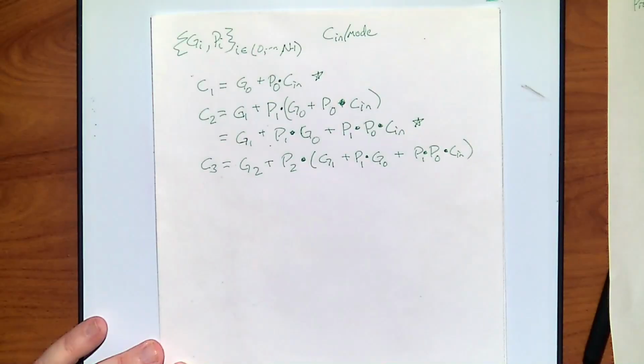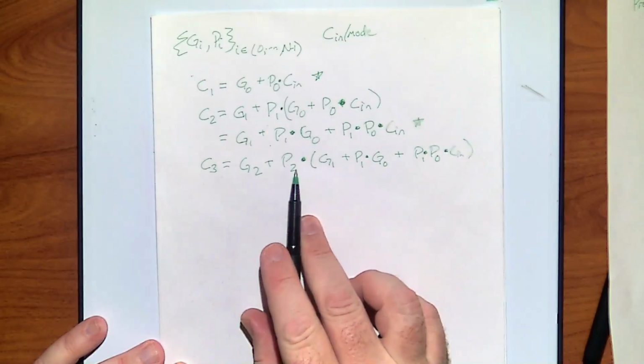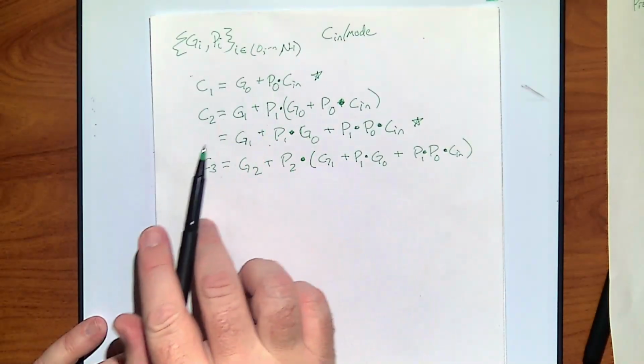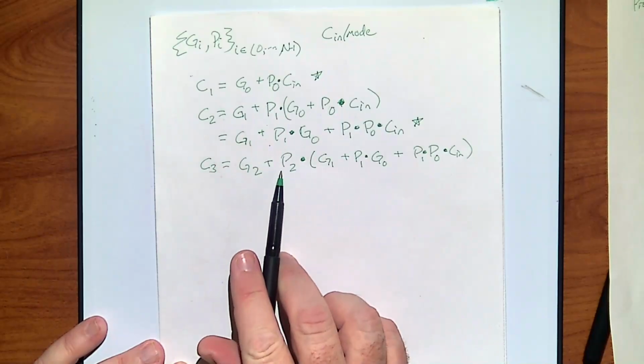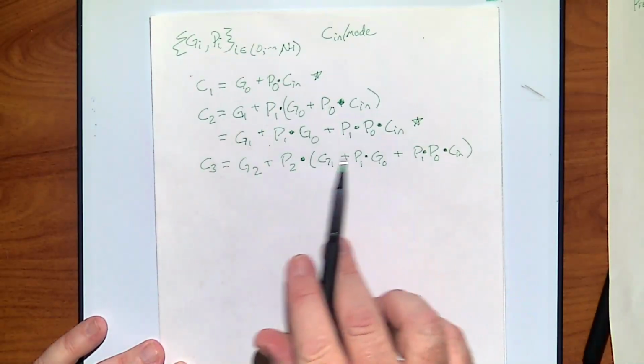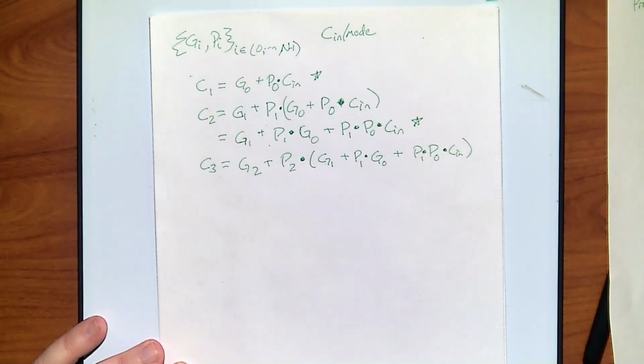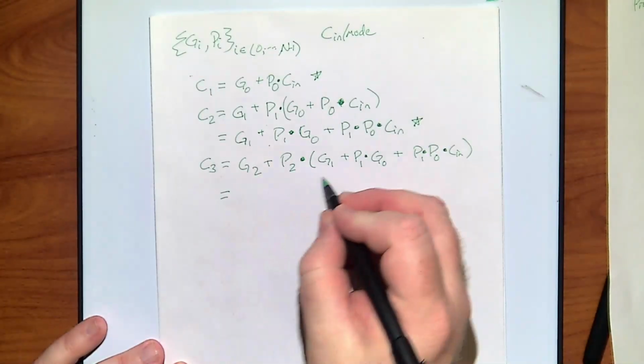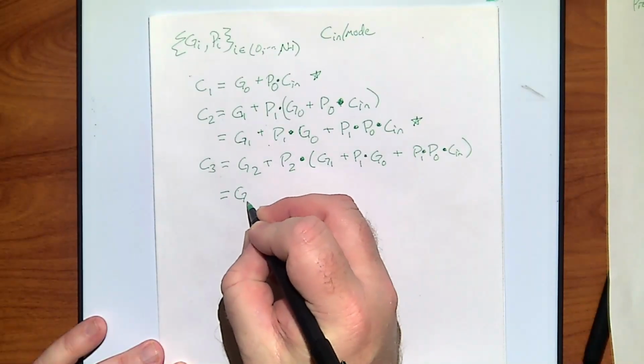I again just advanced, took the same basic formula, generate at that level, propagate at that level, and whatever the previous C was, and I just substituted it. And again, there's 2 levels here, 2 levels here, that's 4 levels. Don't like that. Distribute.